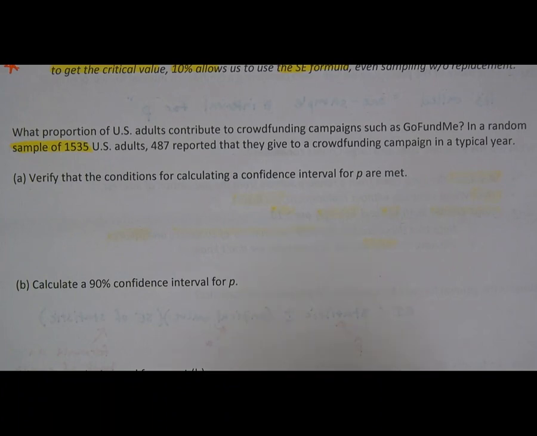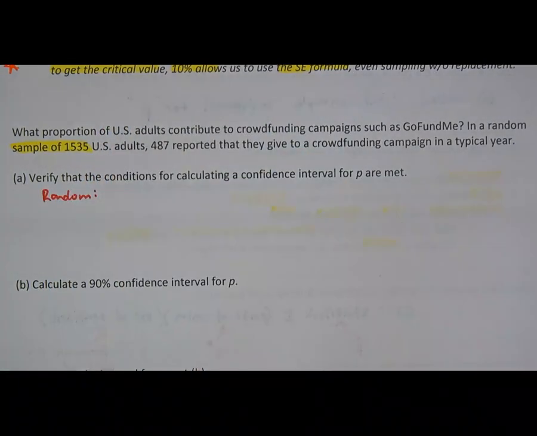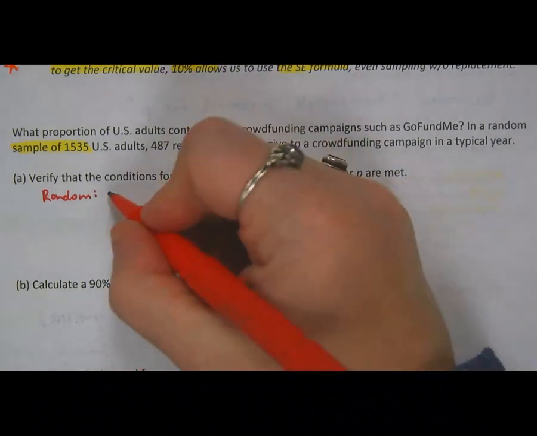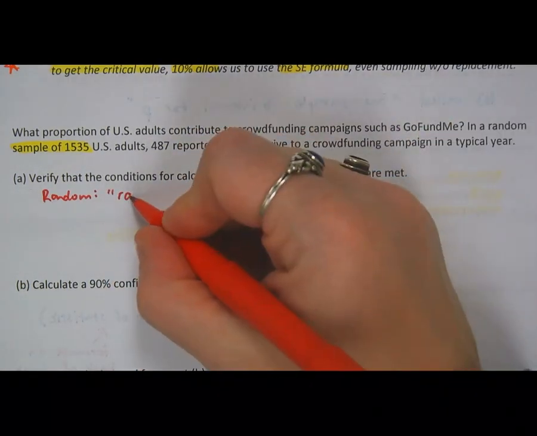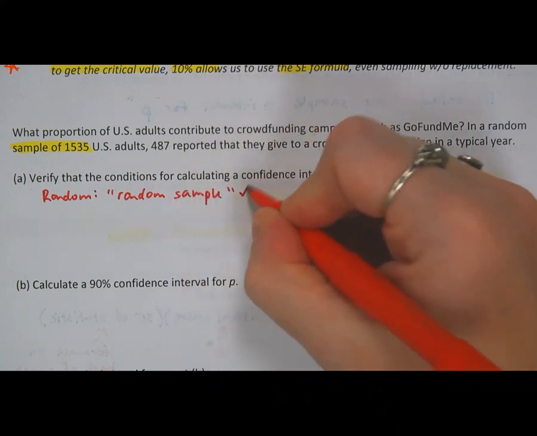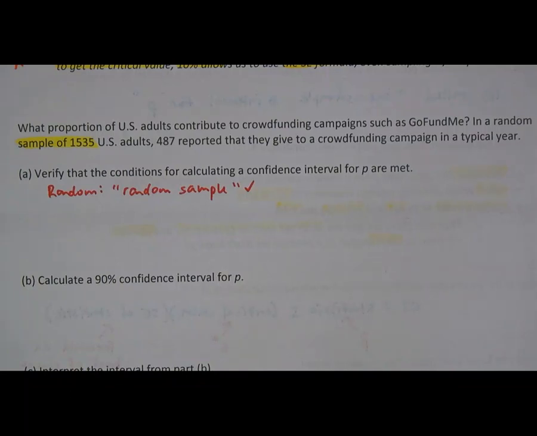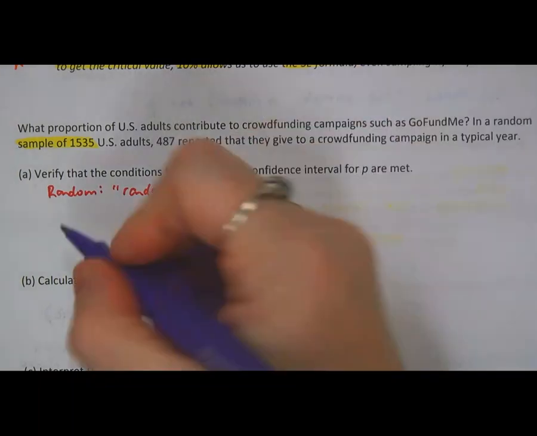It really doesn't matter what you start with. You want to check that the sample is gathered at random, and it really does say random sample in the problem. So you're showing the AP grader, yes, the random condition has been met.